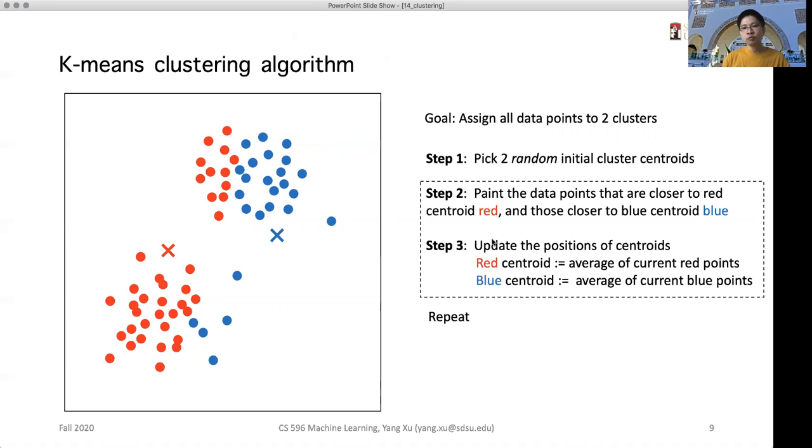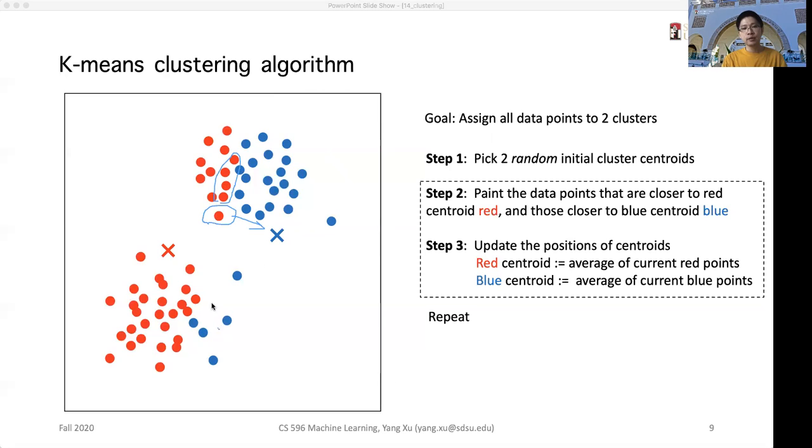Now we repeat step 2 and step 3. We paint the data points again because the centroids are at different positions, so the distances from those centroids can be recalculated, right? Previously, for example, these points were closer to the old red centroid, but at this step they are closer to the blue centroid. And the same holds for these data points, they are now closer to the blue centroid.